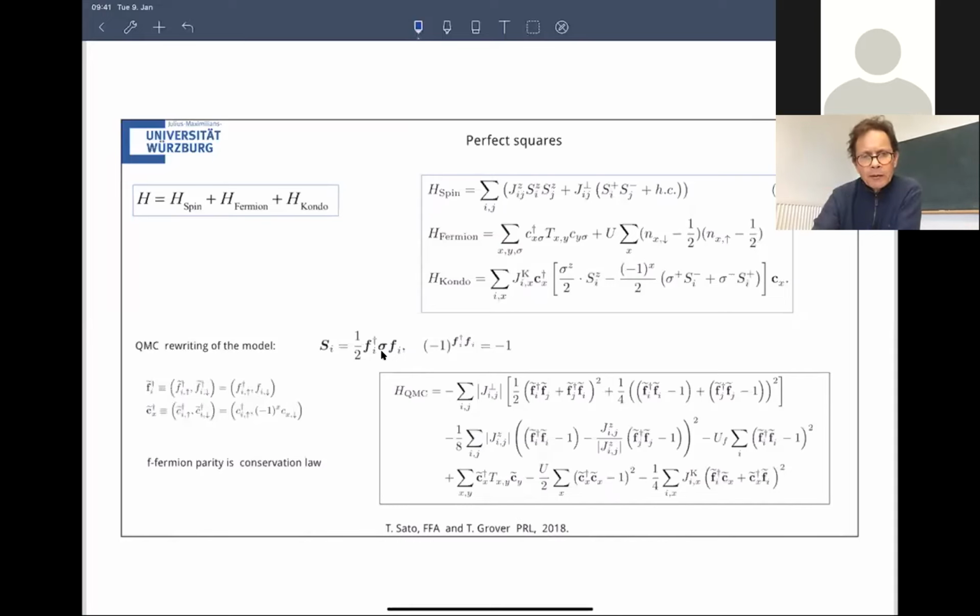The spins are written in terms of fermions. We impose the constraint by adding a Hubbard U on the f's. So if you can rewrite your Hamiltonian in this form as a sum of perfect squares and put it in the ALF, you can rather efficiently simulate a very generic Hamiltonian of spin 1/2 coupled to fermions. So that's essentially all the physics of heavy fermions.